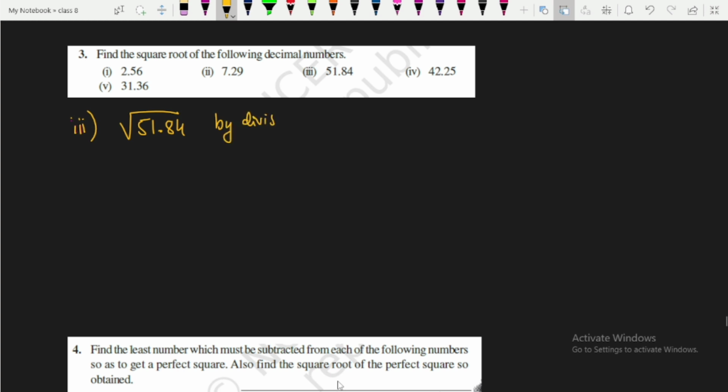Here you follow the same division method we used for finding the square root of a number.